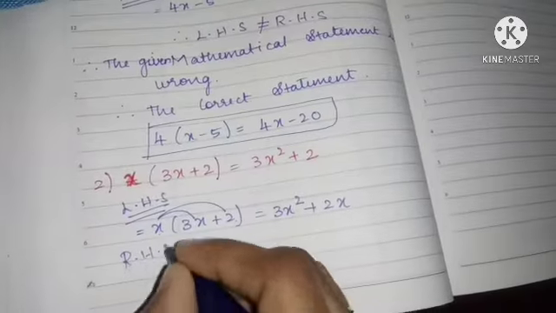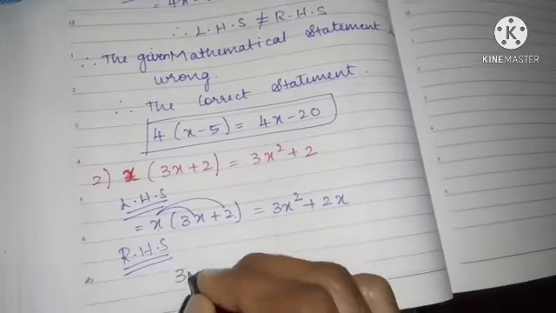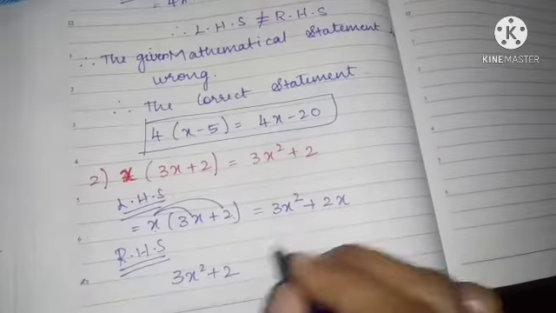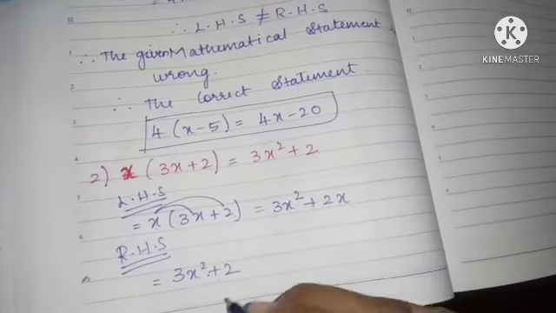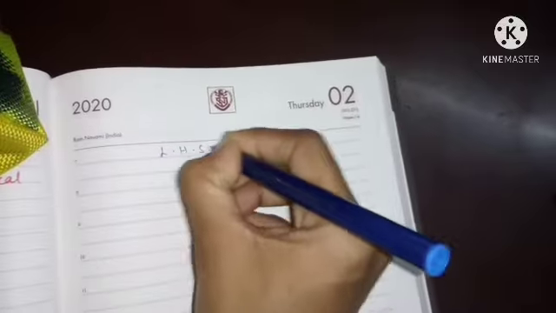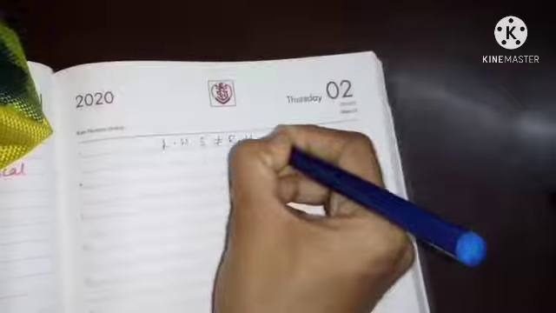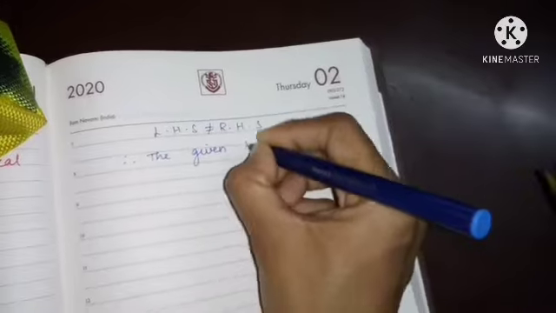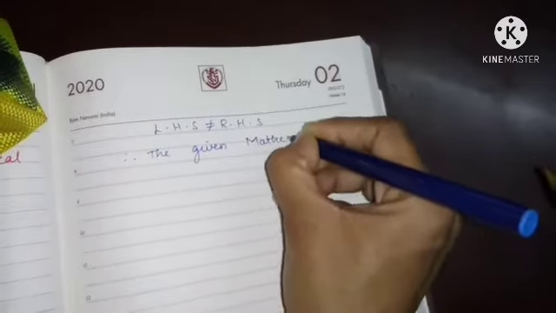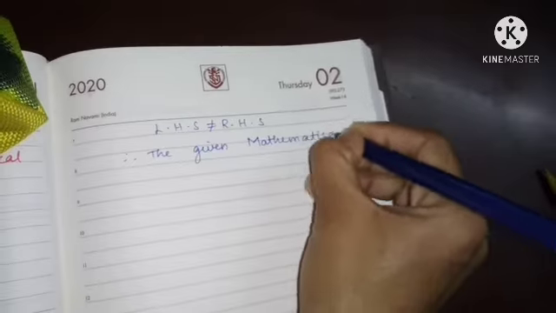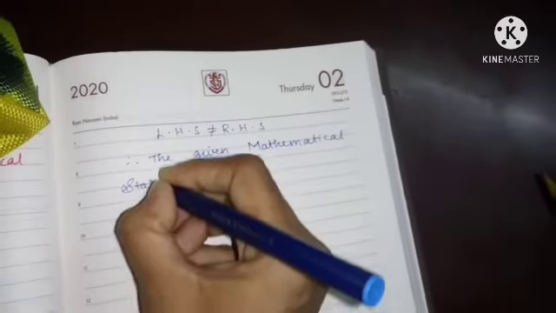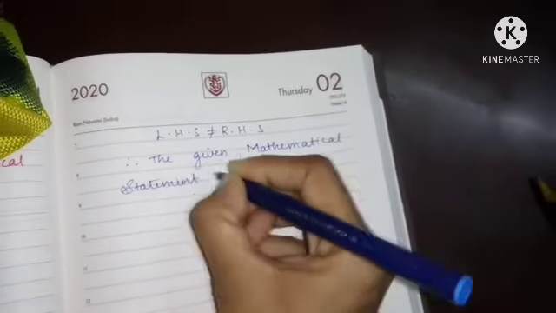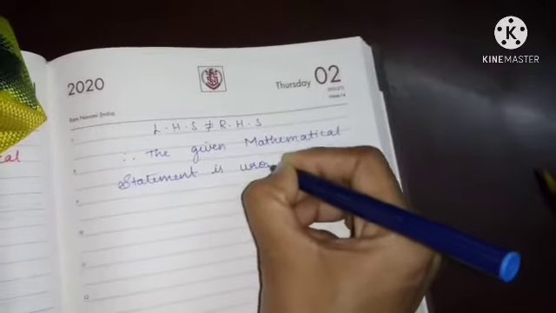Then RHS. RHS is what? 3x square plus 2. Whether both LHS and RHS are equal? No. So we can say that LHS is not equal to RHS. Therefore, the given mathematical statement is wrong.